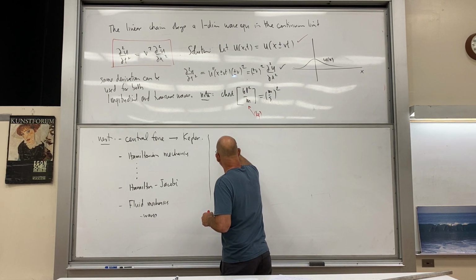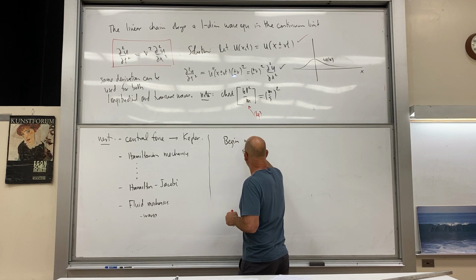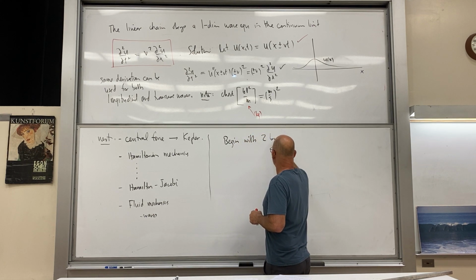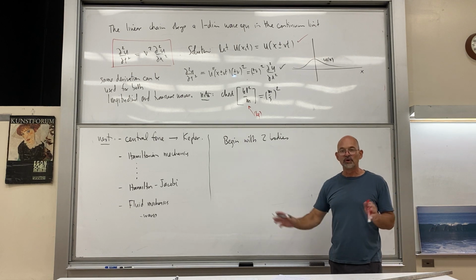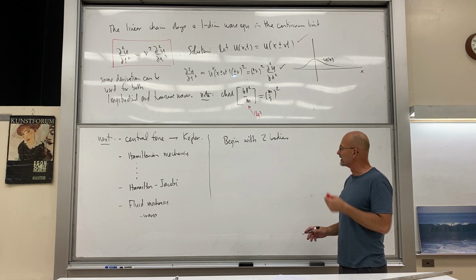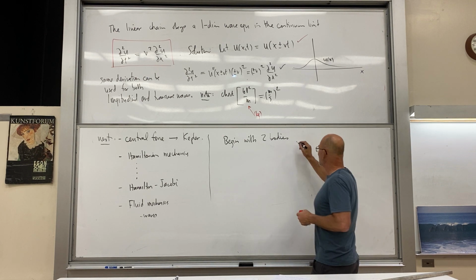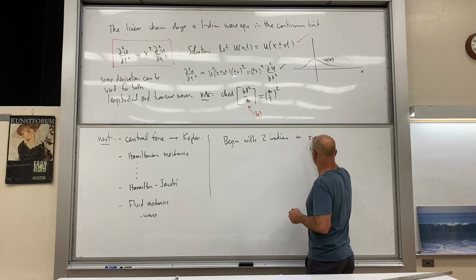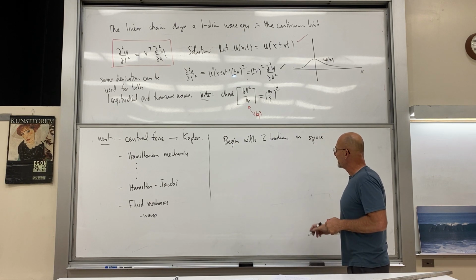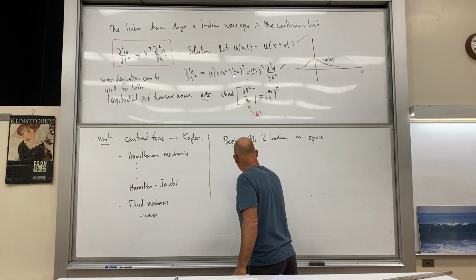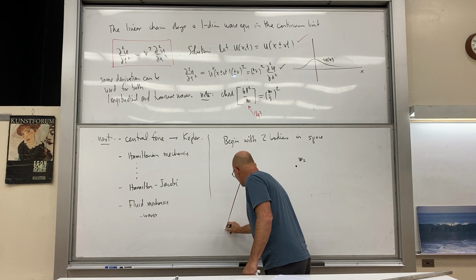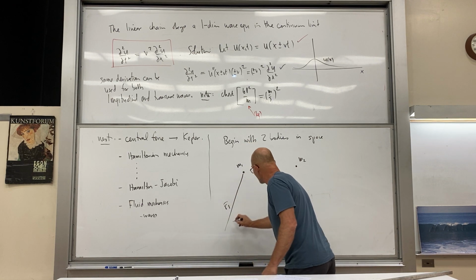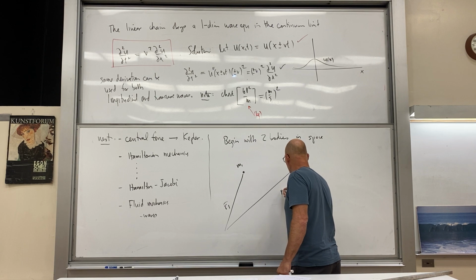So we'll begin with two bodies. We know that the Euler-Lagrange equations are Newton's equations for point masses in 3 space. So we're going to begin with two bodies in space, and we will label their masses m1 and m2, and we'll label their positions r1 and r2.